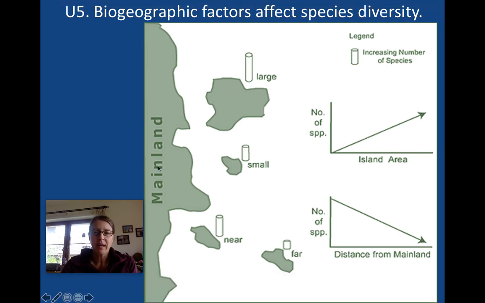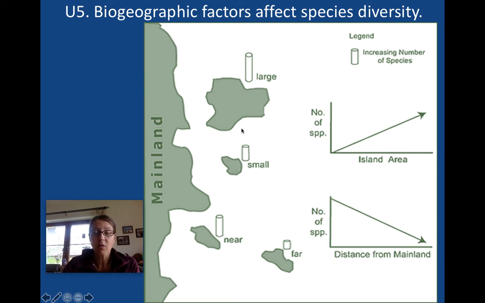If you've got a mainland here and we were looking at a bunch of different little islands, we would find more biodiversity on a larger island than we would on a smaller island, because that's going to have more productivity. It's probably going to have space for more organisms. And also, if these guys were accidentally migrating from the mainland, maybe they got blown off course, the chances of them hitting a larger island is higher than them hitting a smaller island.